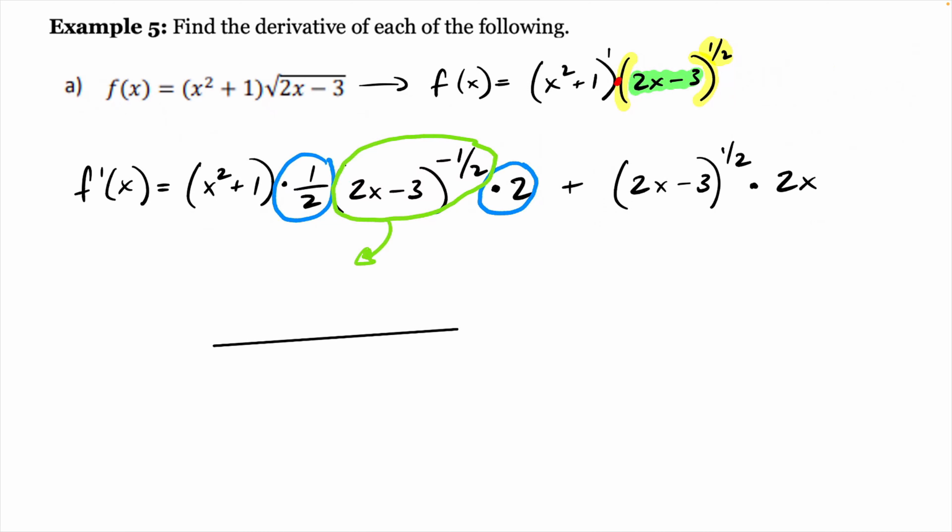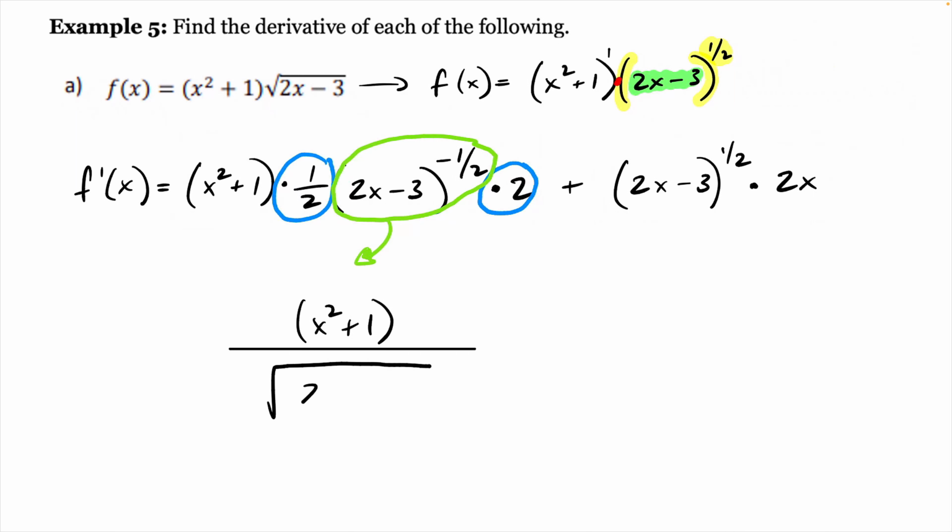x squared plus 1 just stays on top. The green needs to move to the bottom because it had a negative exponent. So you can put it to the 1/2 power, or you can change it back to the square root of 2x minus 3, because that's how originally it was at the beginning.